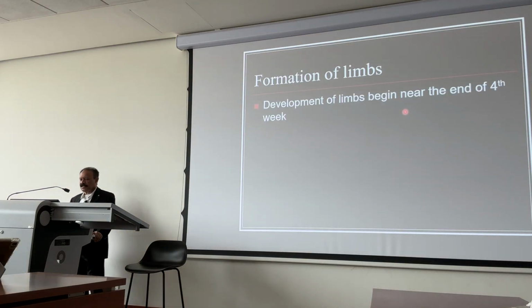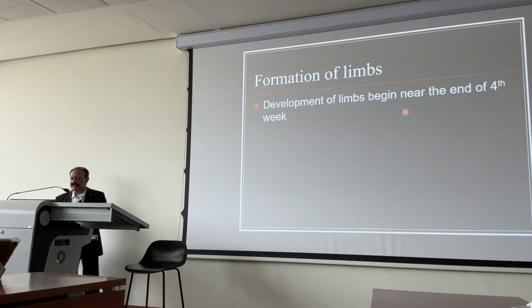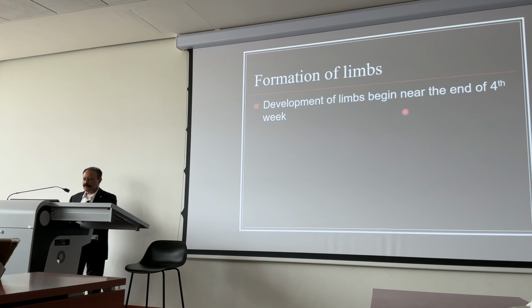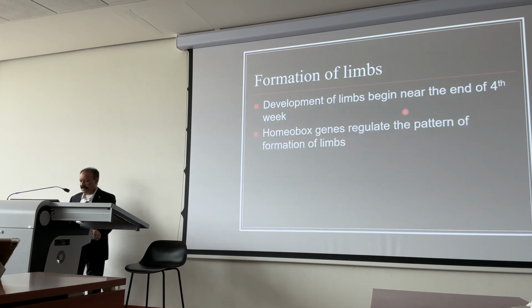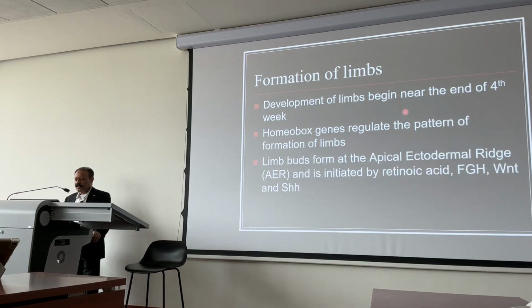The formation of the limbs begins near the end of the fourth week, 25, 26 days, as I said. This is the upper limb, and the lower limb starts 2 days later. Homeobox genes regulate the pattern of formation of the limb, not important. Limb bud arises from the apical ectodermal ridge, and is initiated by retinoic acid, fibroblast growth factor, WNT2 gene, and sonic hedgehog gene.